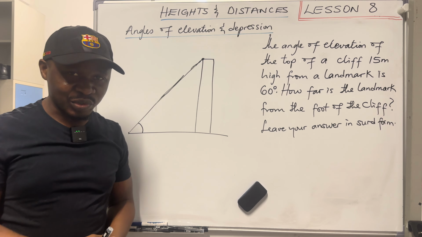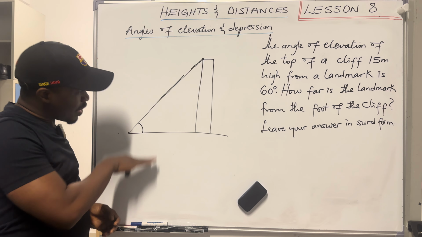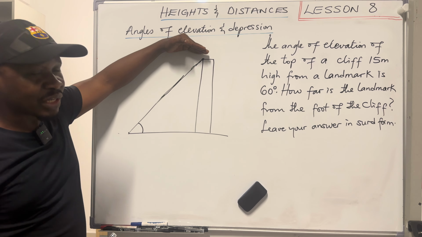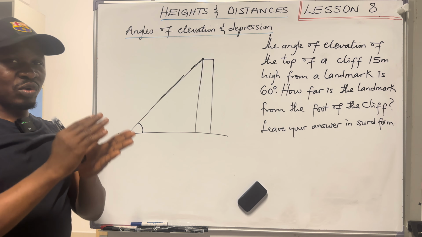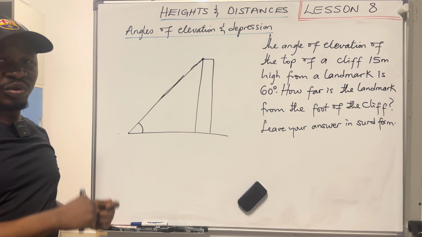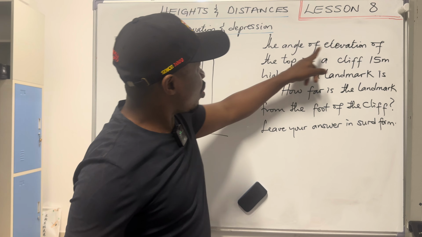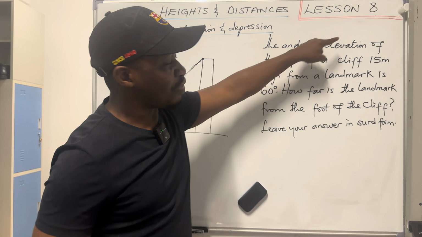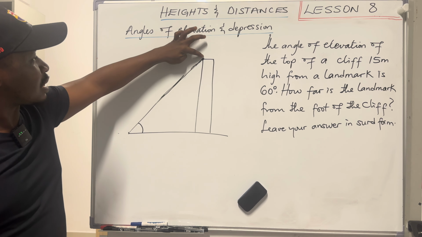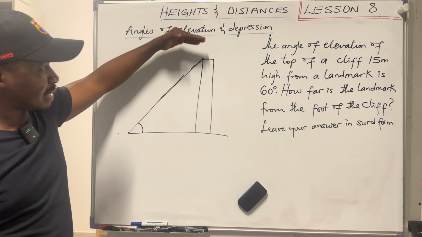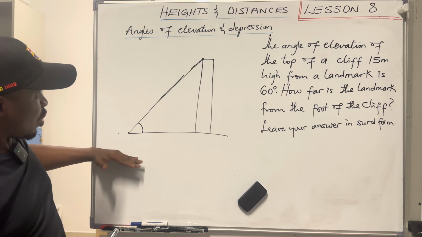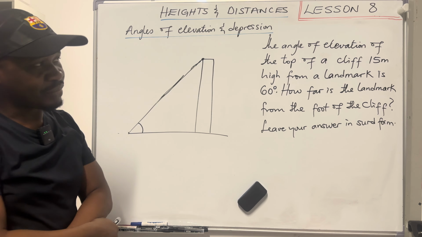Angle of elevation: the angle is below a particular object or location. So what is the location and where is the angle exactly? The angle of elevation of the top of a cliff, so the location is here. Sometimes they will mention an object. So the angle is below that location.